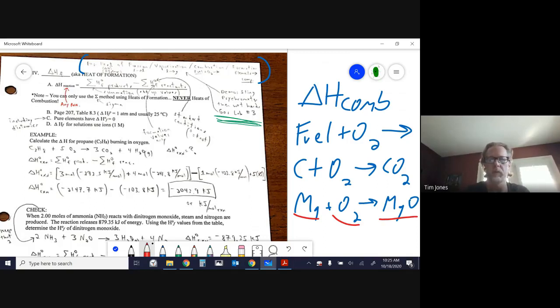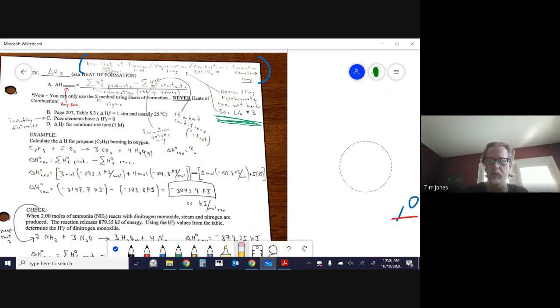All right, and then we need to do formation. Formation is like combustion, it's a reaction, but it's a different type of reaction. And when you do formation, delta H, normally we just write form, lazy.